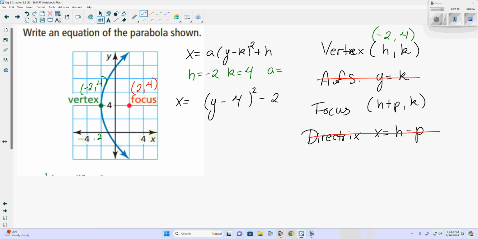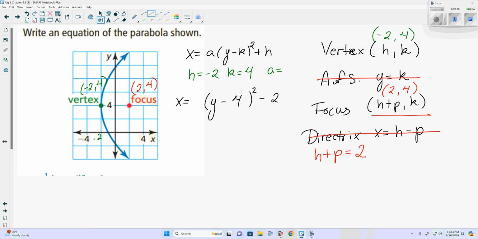Well, the one place that P does show up for this here is in the focus. And our point for the focus is 2, 4. K's line up. They are the same, yes? So the only thing we're really looking at is the equation that H plus P is 2.